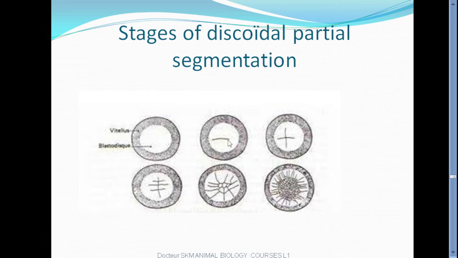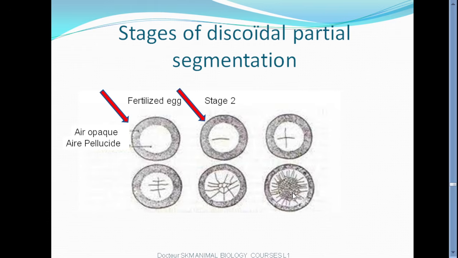The cellular part will start its divisions. The first division will divide this space in two, then the two will divide in four, the four will divide in eight. After that, it continues until the formation of this structure, which is called the blastodisc.